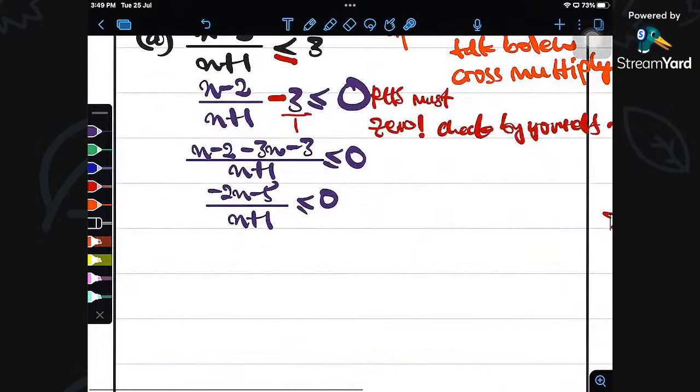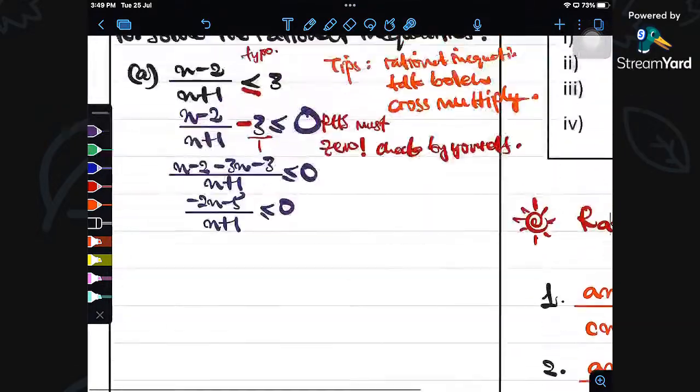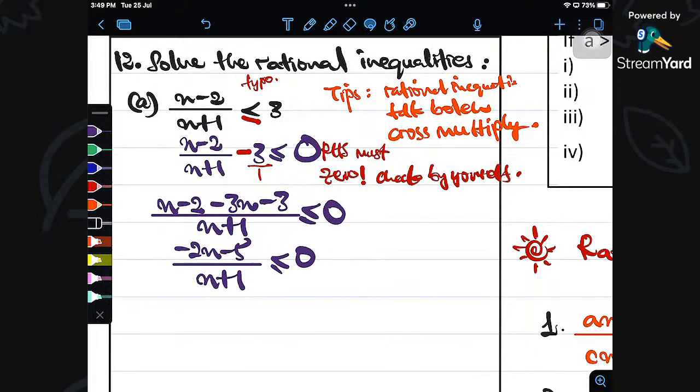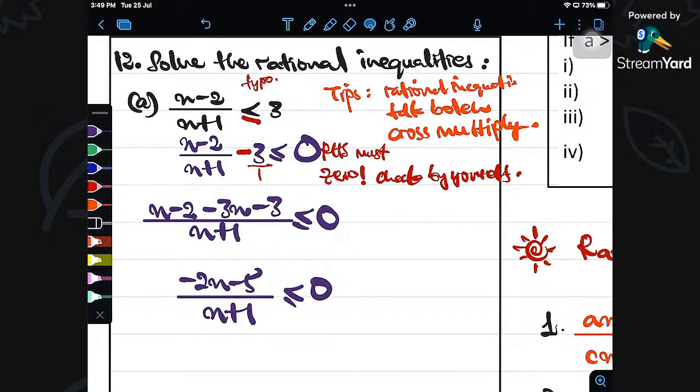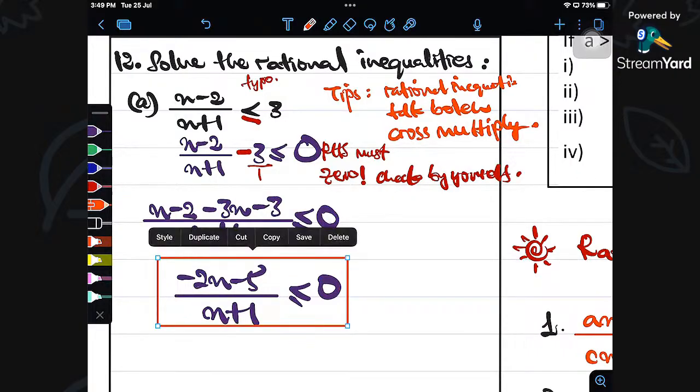So basically, jauh pula dia punya table ni. Sekejap ya, saya adjustkan bagi semua orang nampak. So basically, we already have the simplest form, kita panggil dia the latest inequality.